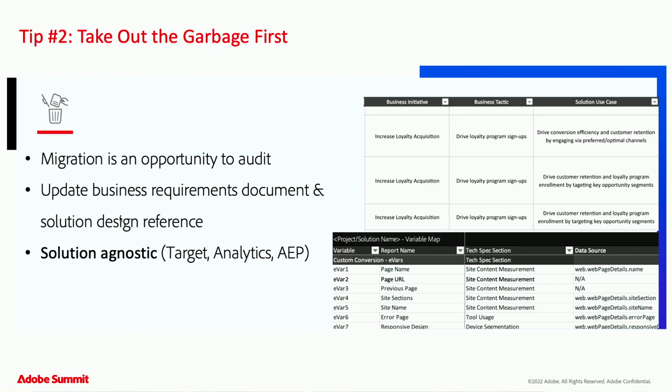But the real point here is that you're putting a lot of time and effort into this, and if you're moving code that's been built up over the years, all that custom code bogging down your tag manager, you don't want to waste that time. You need that time for other important things. And so in order to use that wisely, get rid of all of that garbage. Get rid of everything that you don't need and just focus on the stuff that you do need.